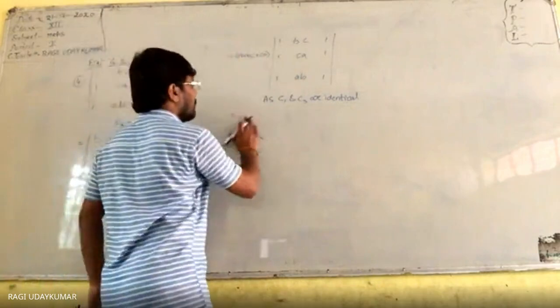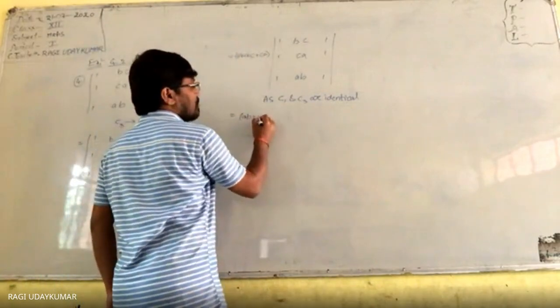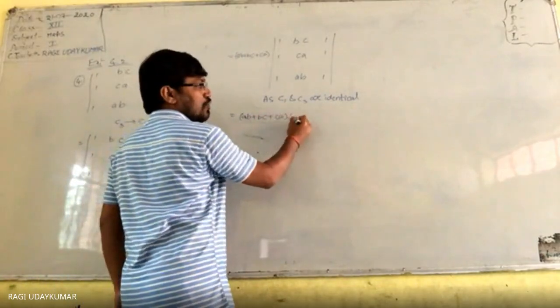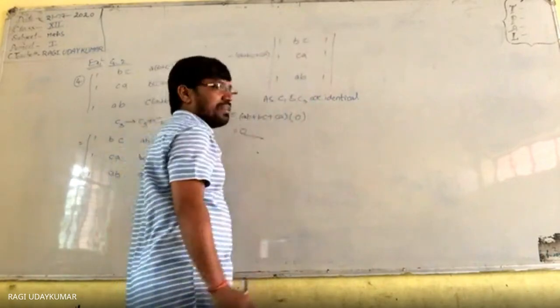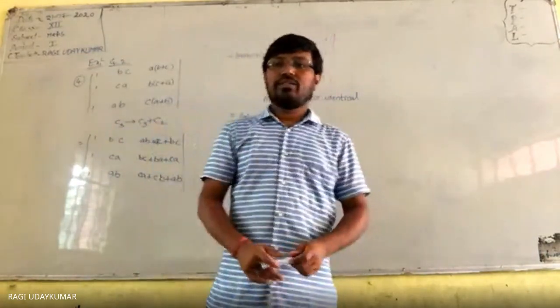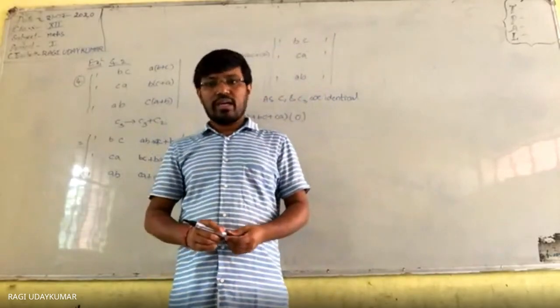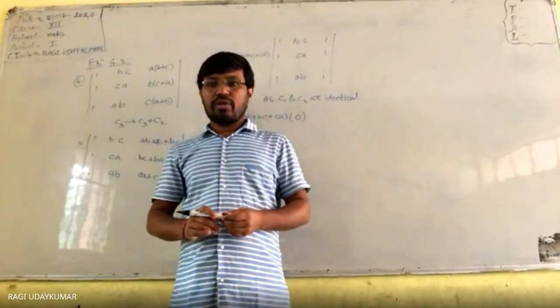Actually, you are going to get AB plus BC plus CA into 0. This is a 0 determinant, so if you multiply by 0, you are going to get 0. Okay? Did you get my point? Yes, sir. Okay?